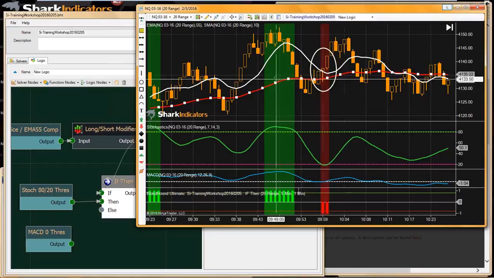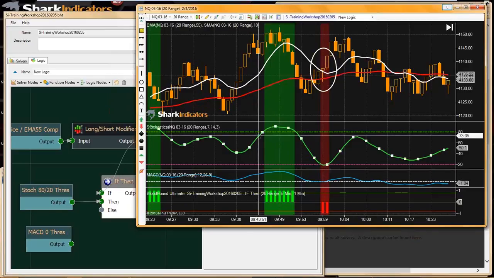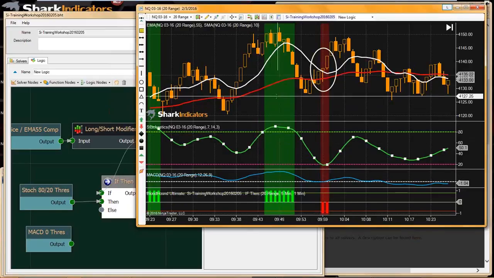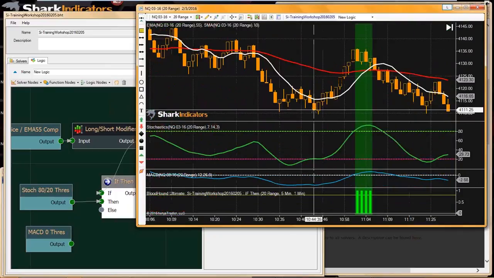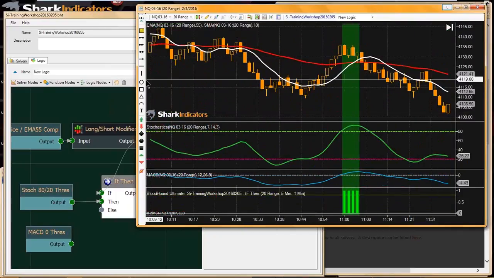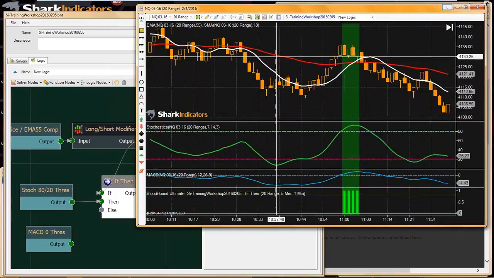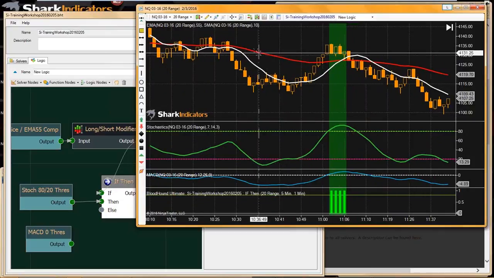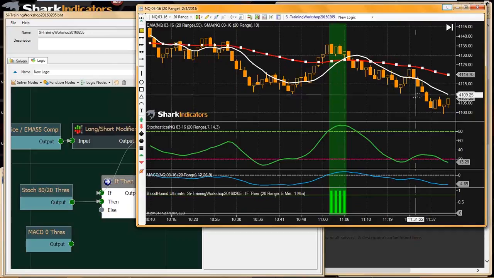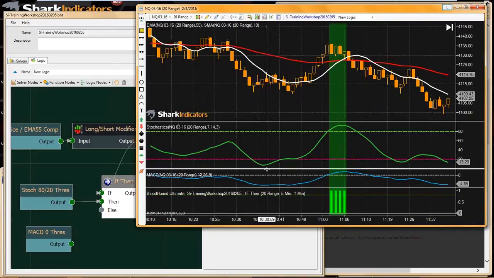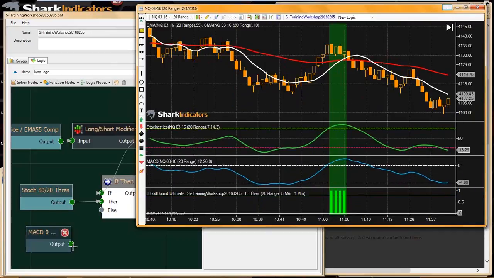So bottom line is, when price is above our EMA, we're going to get signals from the stochastic. And when price is below, let's see, here we go. In this area we can see price is below our EMA for quite a bit, and we're going to get signals from the MACD here.